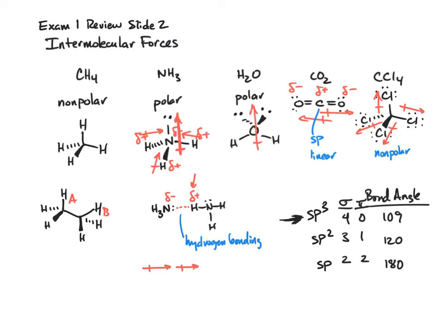Can we run this by boiling point? Yeah, we can do it qualitatively. I don't know the exact numbers. So the question was, can we rank these by boiling point? What would you say is the highest boiling? Water is the most.